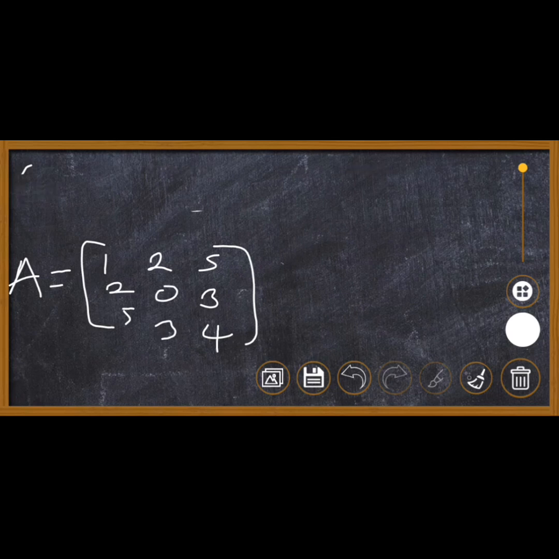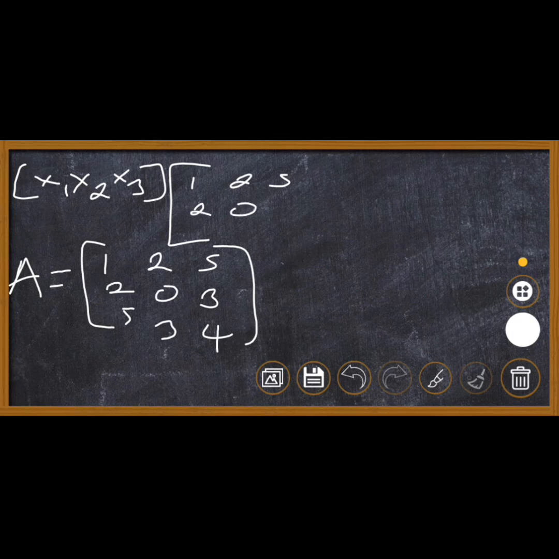Replacing this in standard form, the first thing we said is to write it where you have the unknown values. This is a 3 by 3 matrix, so I'll write 3 unknown values: x1, x2, and x3. And then here we have the matrix. What matrix have we been given? We have been given 1, 2, 5, 2, 0, 3, 4, 3, and then we have 5 here.